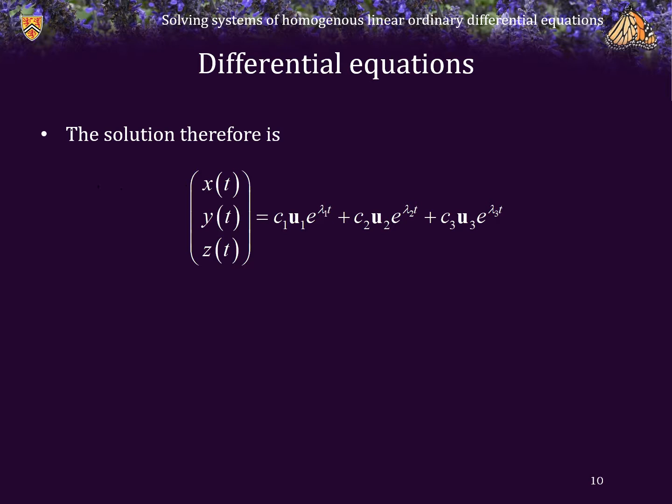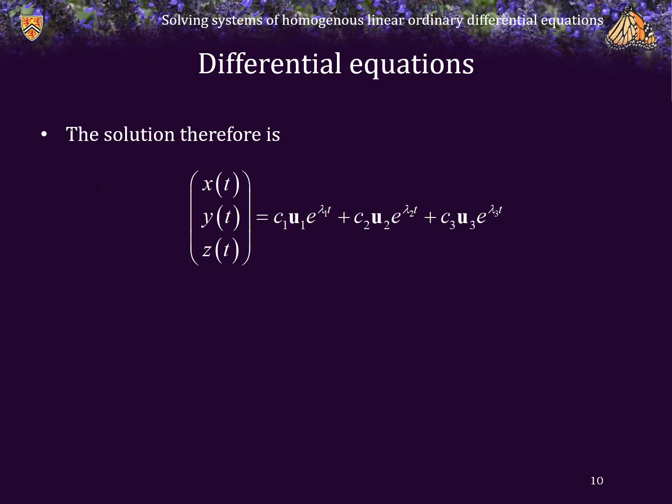This is added onto a second unknown constant times the second eigenvector times e to the second eigenvalue times t, plus a third unknown constant times the third eigenvector times e to the third eigenvalue times t. And of course, you can see that this generalizes to n ordinary differential equations in n unknown functions.